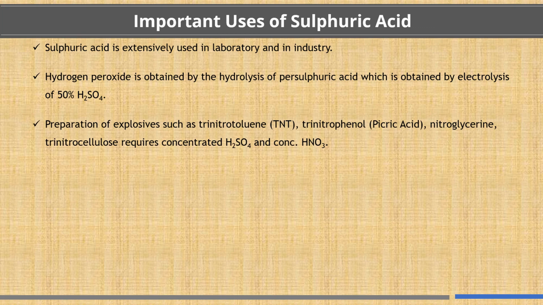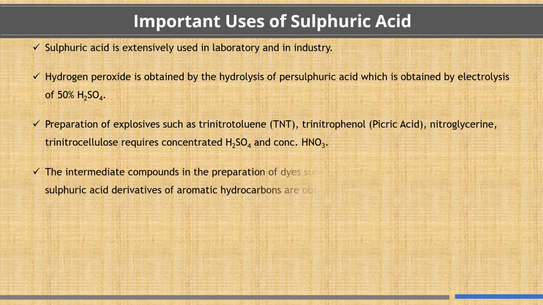Preparation of explosives such as trinitrotoluene, that is TNT, trinitrophenol, that is picric acid, nitroglycerin, and trinitrocellulose requires concentrated H2SO4 and concentrated nitric acid. The intermediate compounds in the preparation of dyes such as nitrobenzene, nitrotoluene and sulfonic acid derivatives of aromatic hydrocarbons are obtained from concentrated sulfuric acid.